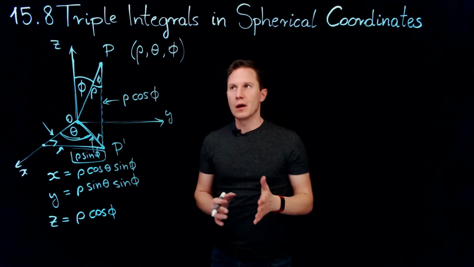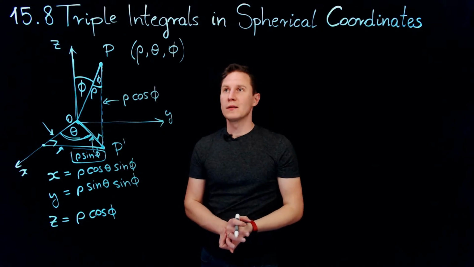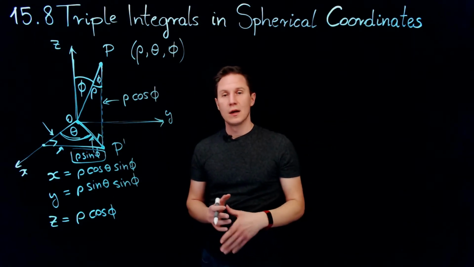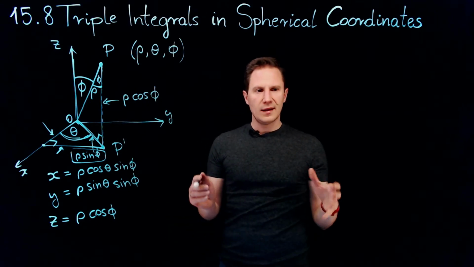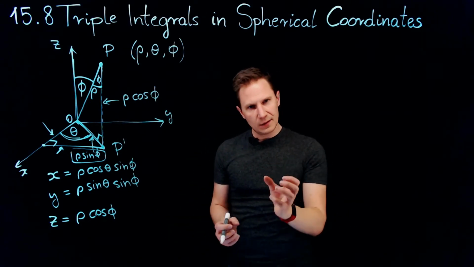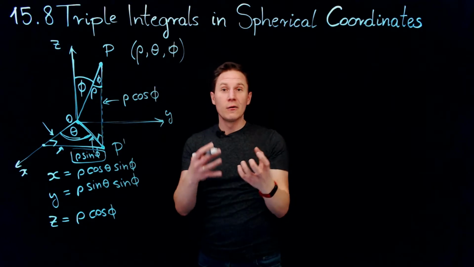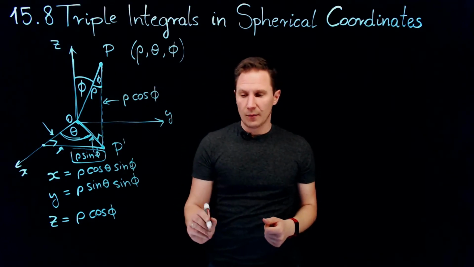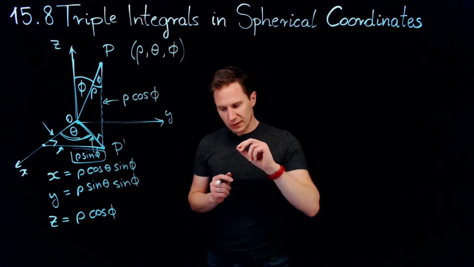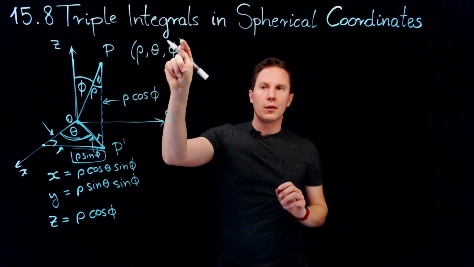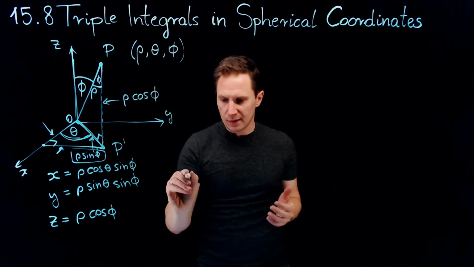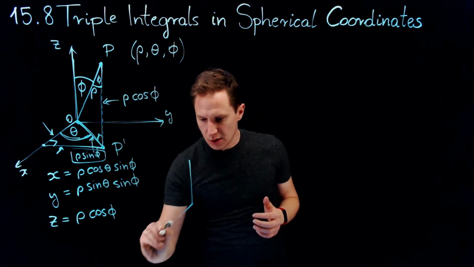And next, in order to formulate the triple integral formula in spherical coordinates, we need to think about what happens to the volume element when we take the triple Riemann sum and that small spherical rectangle as we take these small changes in rho, theta and phi. So let's try and sketch that out.